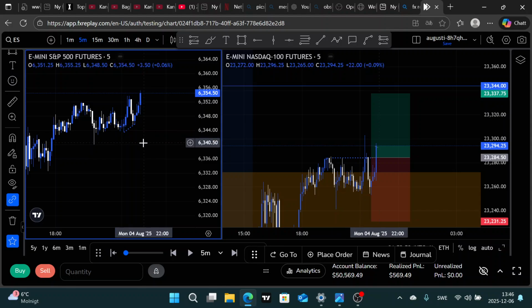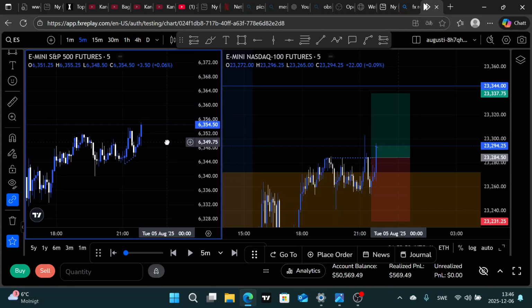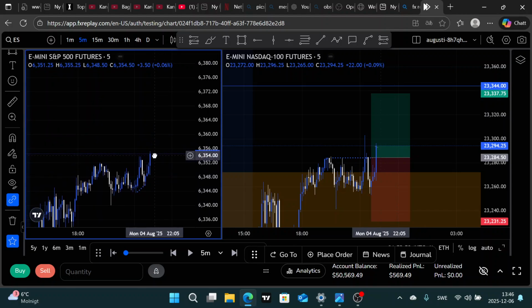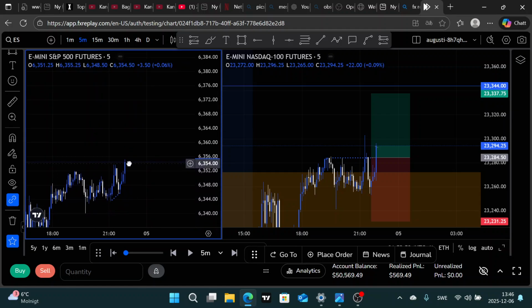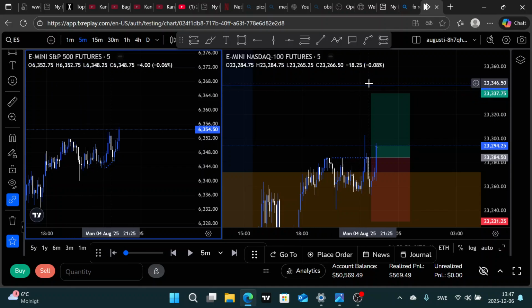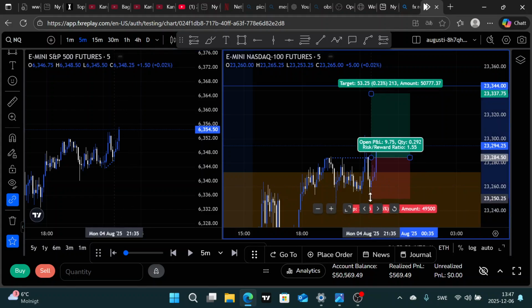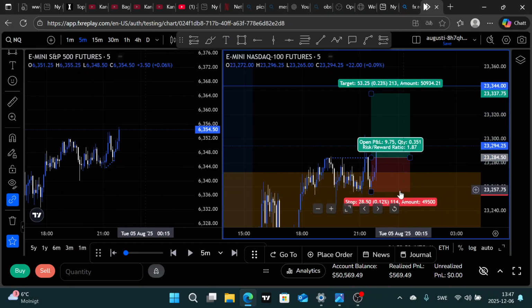So we put an SMT, we feel the change in state, and we ran through this 5-minute bearish fair value gap, and we are close to this external buy side liquidity, and the bigger time frame is bullish.